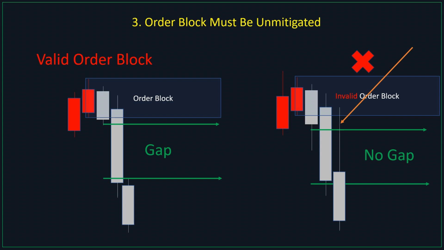You can clearly see this wick has tapped into the order block right there, which mitigated the order block. And one of the rules is that the order block must be unmitigated. And in this example right here, we can clearly see that the order block has been mitigated, all right? And therefore, this is an invalid order block, and we cannot trade this order block right here.